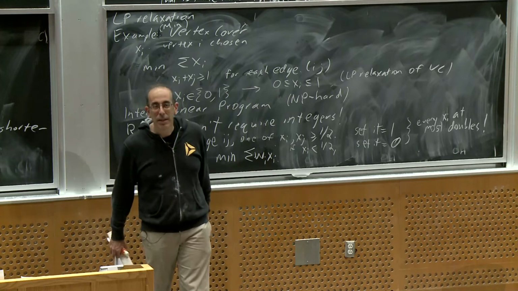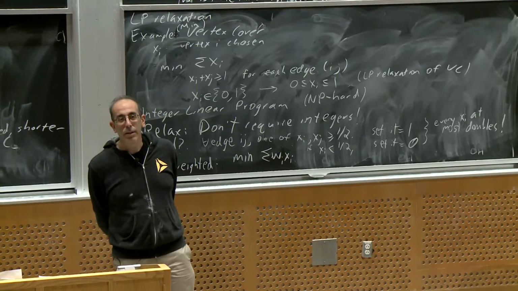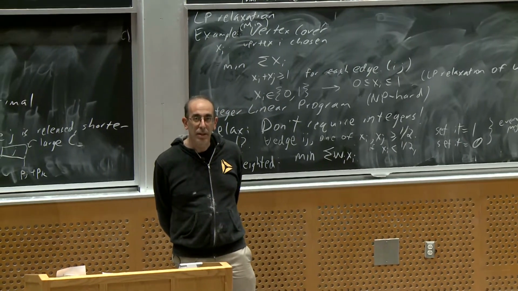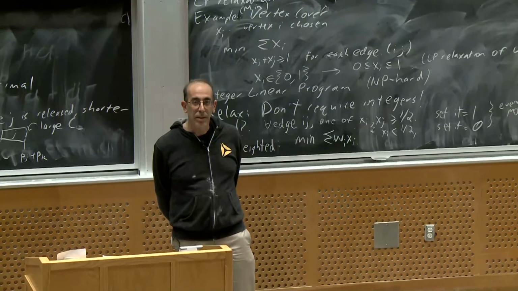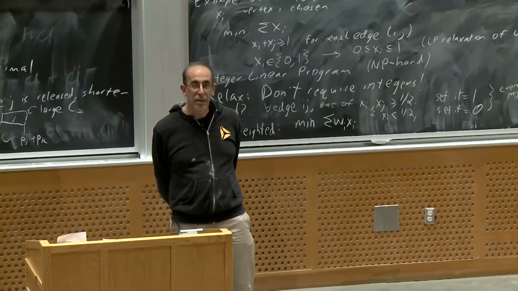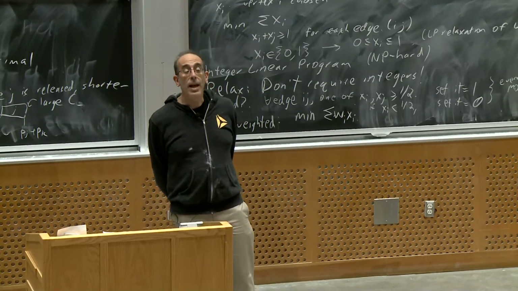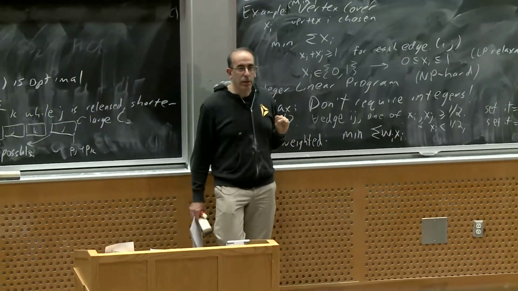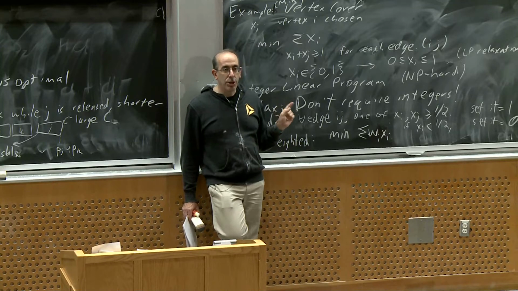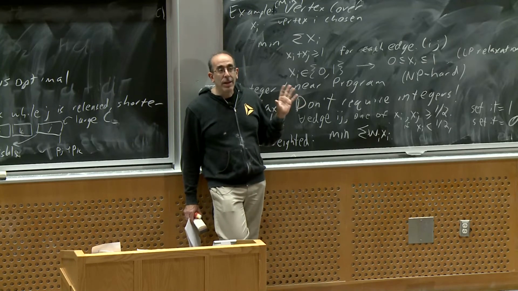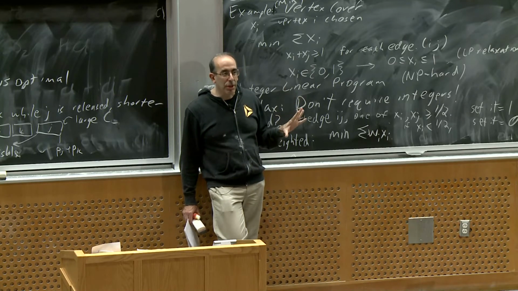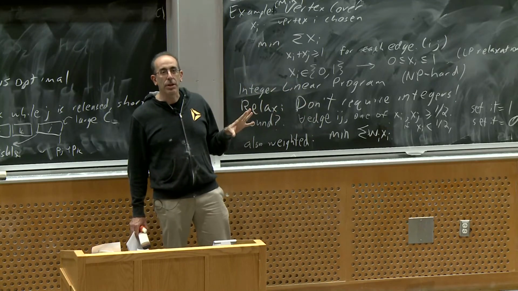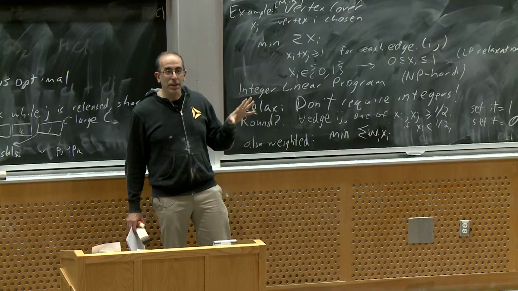Yes? In general, if you relax an integer linear program to a linear program, the solutions that still have integer values will be the same in the optimal solution? Yes, actually, that's a great point. If you do a relaxation and you are then able to show that there is an integer solution, that is also the integer optimum.